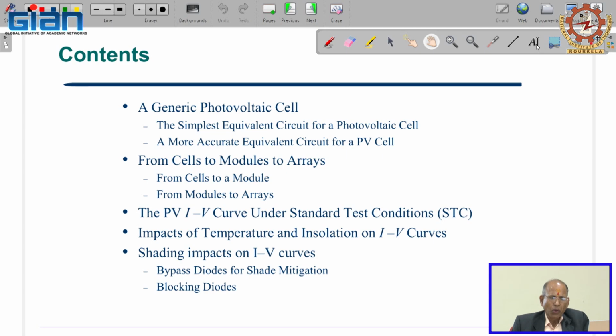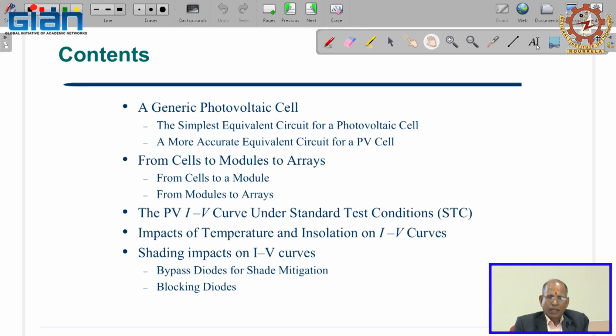Then when we are saying that this PV panel has this much power output, this much efficiency, we want to test the PV panel under the standard test conditions and in the field conditions.